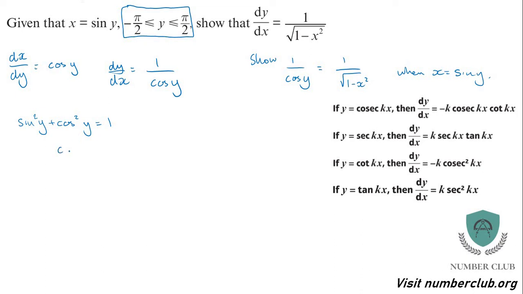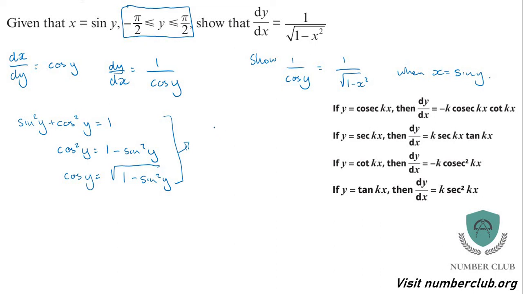We're going to deal with cos squared y is equal to 1 minus sine squared y. And we're going to say that cos of y is equal to the square root of 1 minus sine squared y. So we're going to plug this into here. This is just using an identity. I'm going to plug that into here.